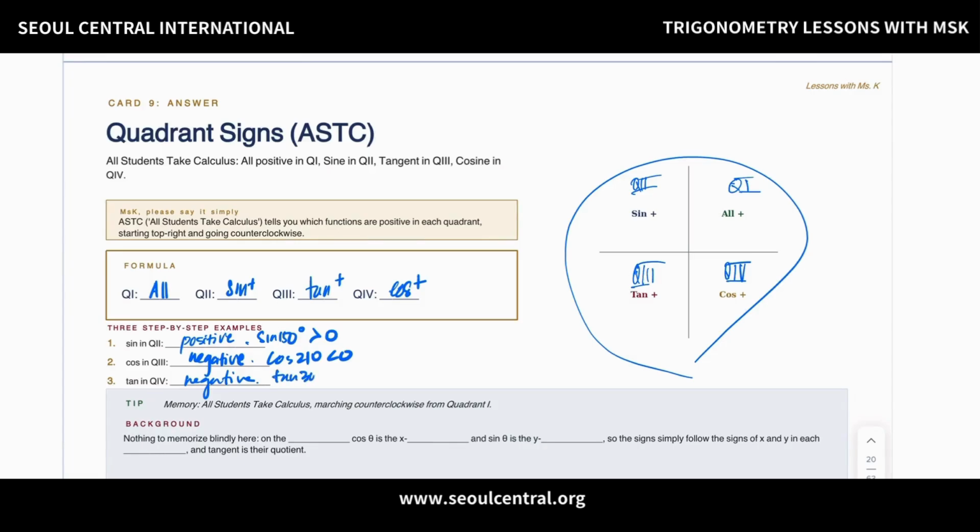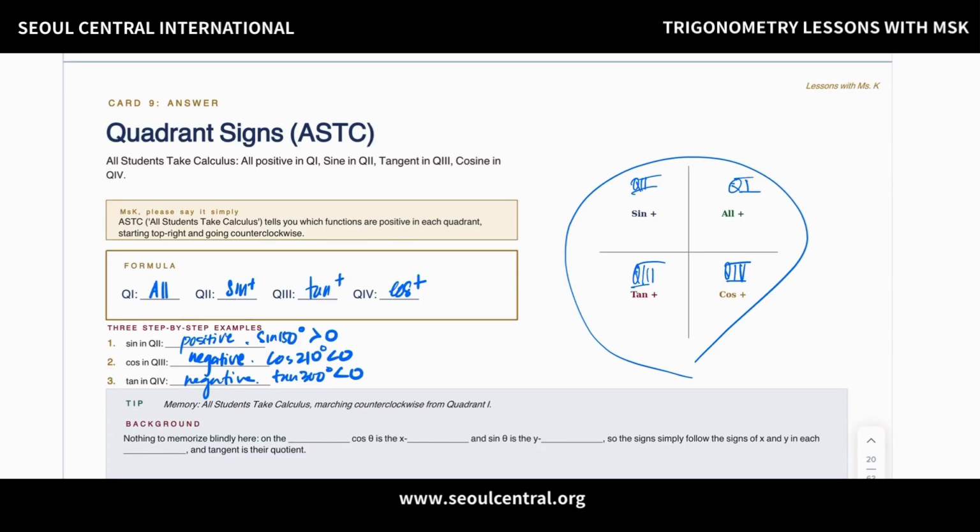So let's say tangent 300 degrees is less than 0. Memorize this, please. All Students Take Calculus, and you're marching counterclockwise from quadrant 1. It's just something to help you remember.